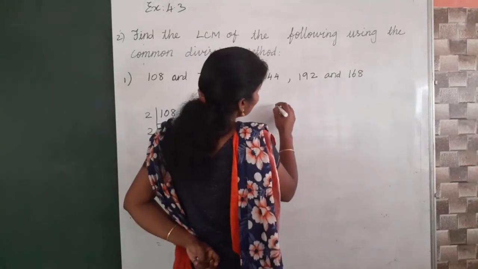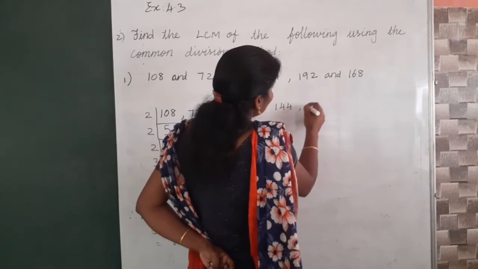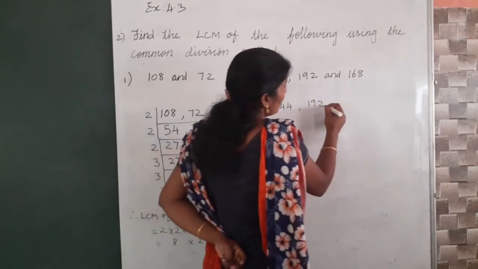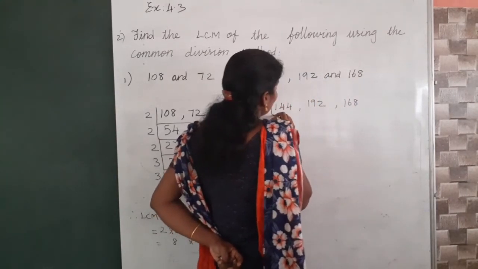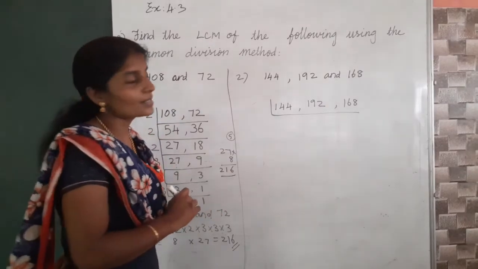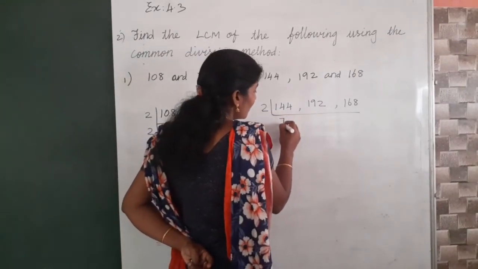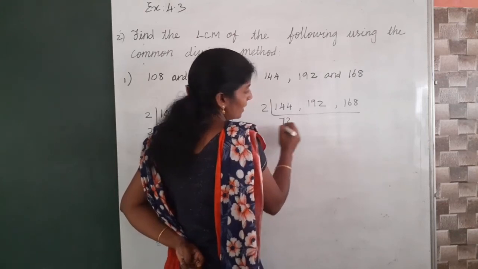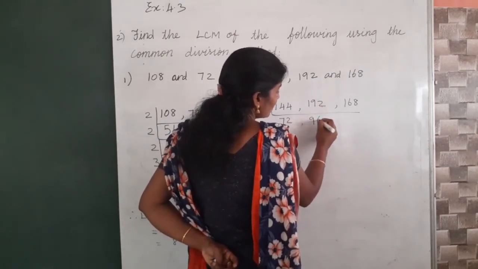We can arrange the numbers with comma 144, 192 and 168. Okay. Now here these all even numbers. So we can take two tables. 7 2s are 14, 2 2s are 4. Then 9 2s are 18, 1 balance 12, 6 2s are 12.